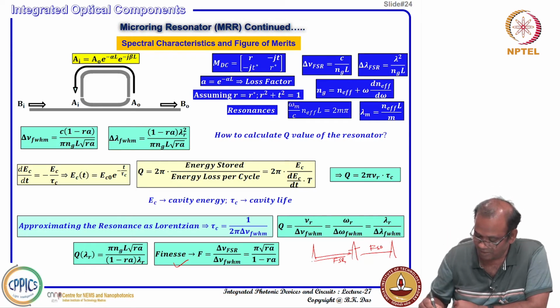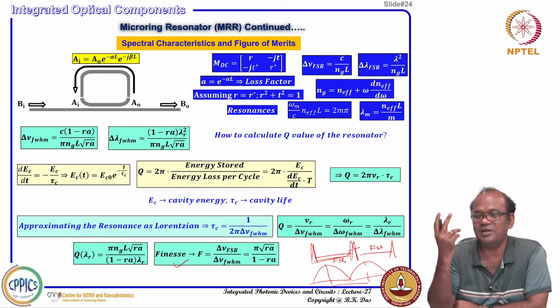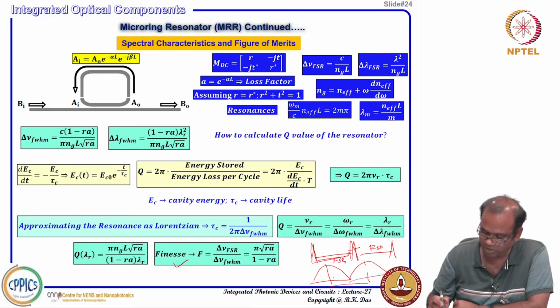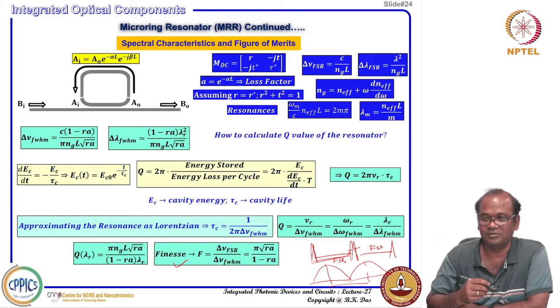That means, if one resonant wavelength and another resonant wavelength are separated like this, this is your FWHM and this is your FSR, and if the FSR is exactly equal to the FWHM, then your finesse will be 1. That is a very bad resonator.